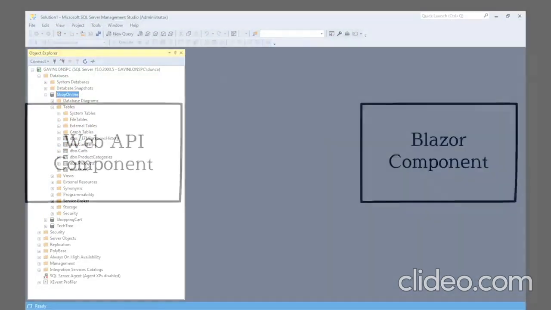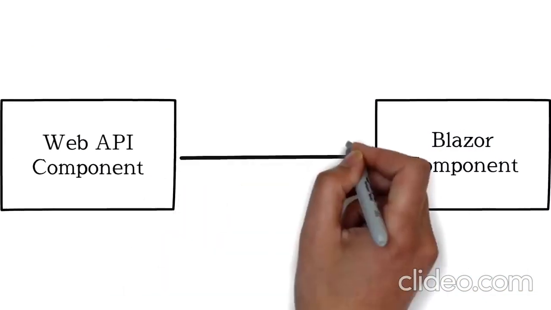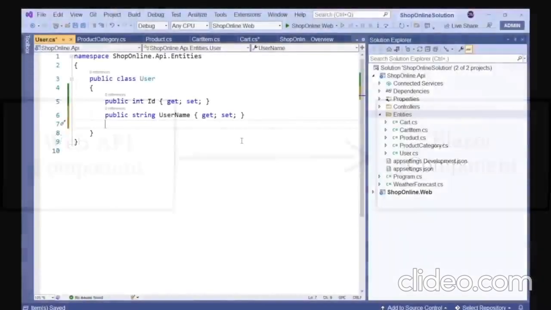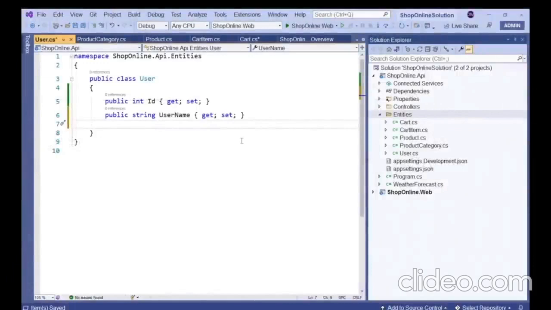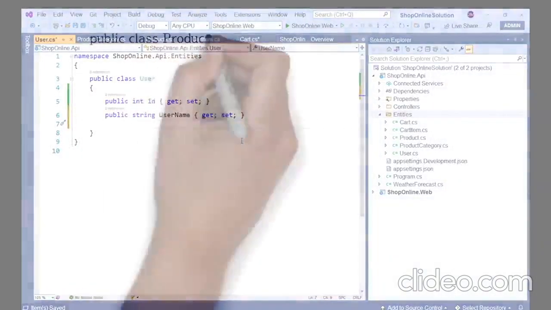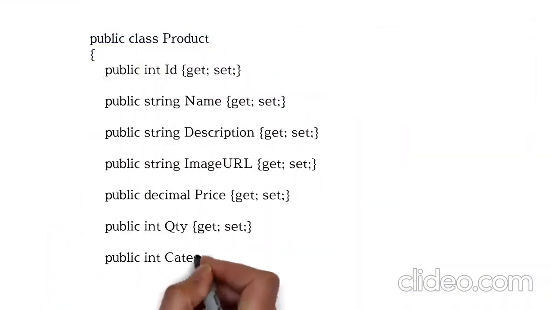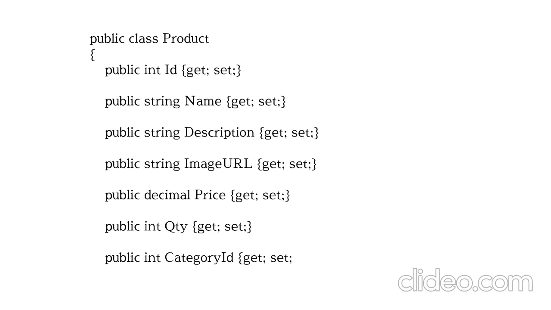When we pass data between the web API component and the Blazor component, we don't necessarily want to pass the exact data defined by the properties in the classes that represent the database entities. For example, in this tutorial, we are going to create code that returns the product data from the web API component to the Blazor component.